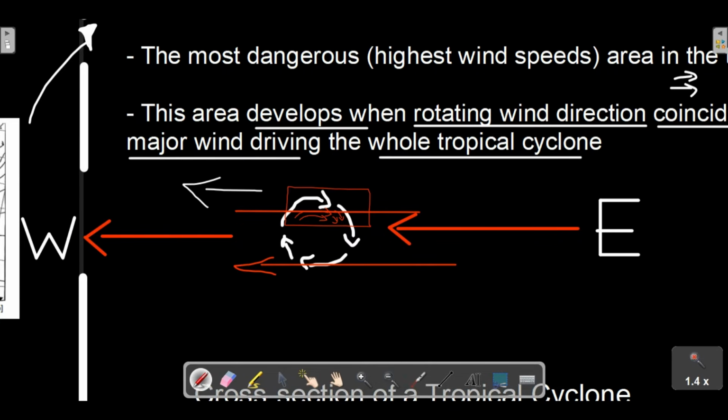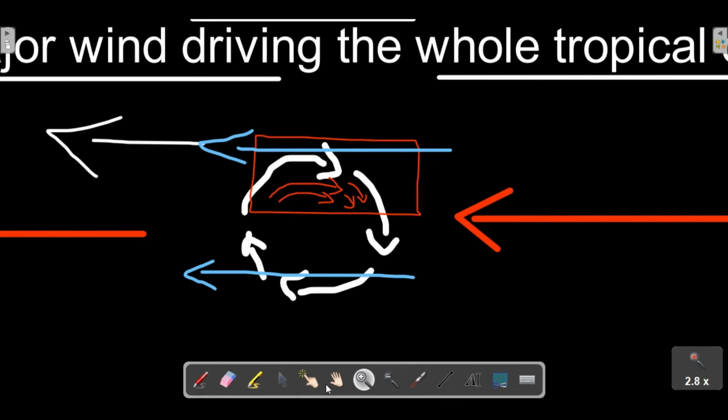Looking at that, you are going to realize that these major winds, the tropical easterlies by the way, are moving in the opposite direction as the winds rotating inside the tropical cyclone. I don't know if you get me there. I hope you do.